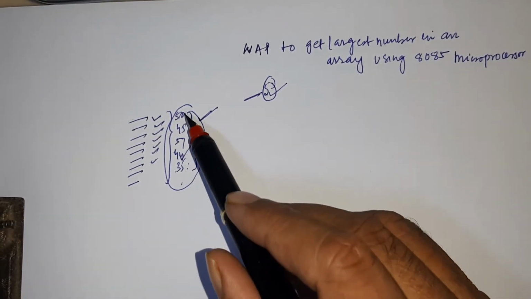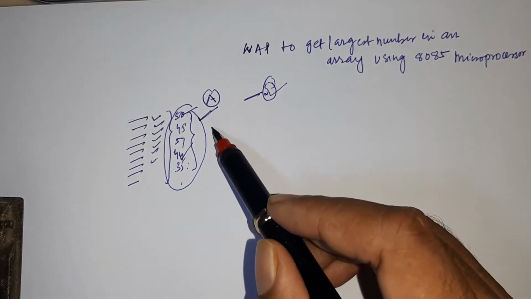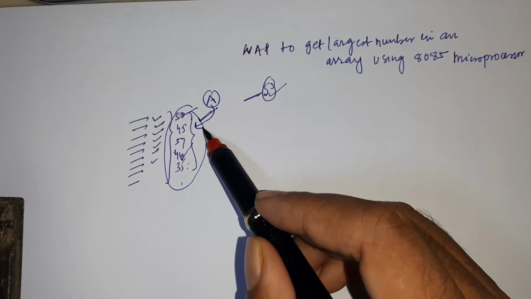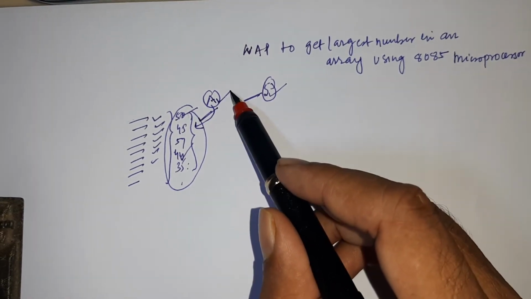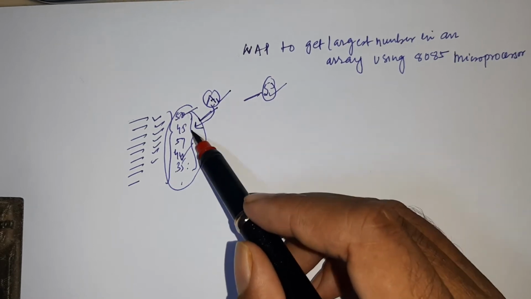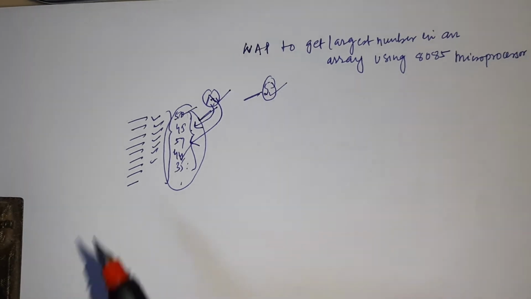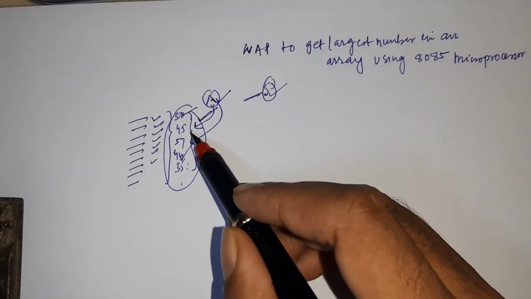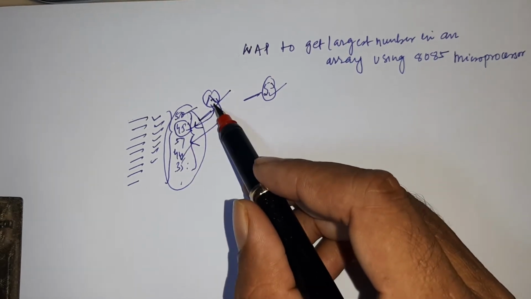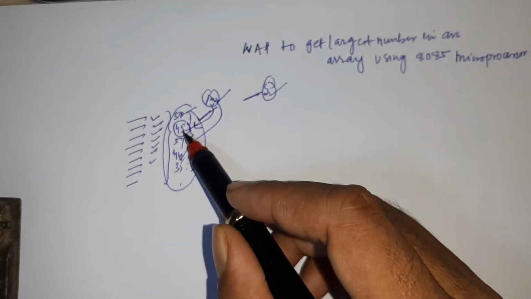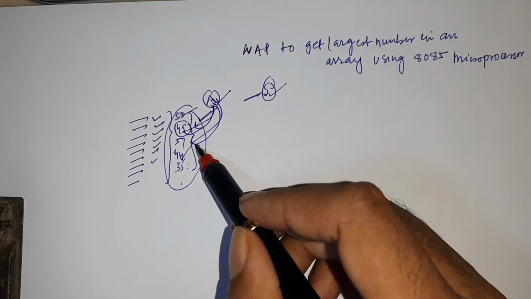So the concept is that firstly store the first number in the accumulator and compare it with the second data. If the data in the accumulator is larger than this data, then compare with the next data. This is the first condition. Suppose the data at the memory location is larger than the accumulator, then store this number in the accumulator, then compare with the third number.